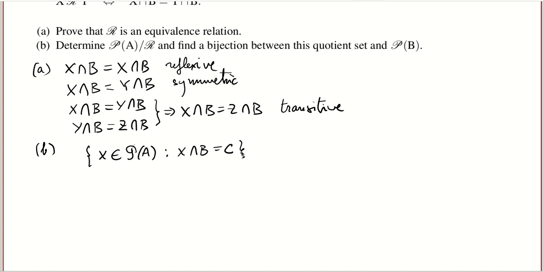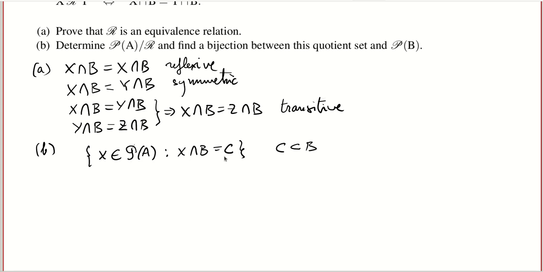And if they have different intersections, they belong to different classes, obviously, because they are not related to each other.